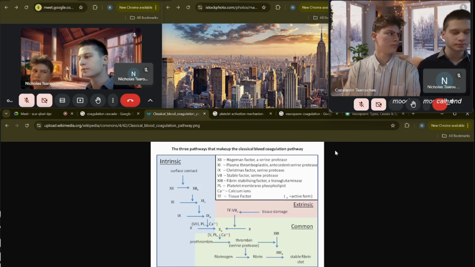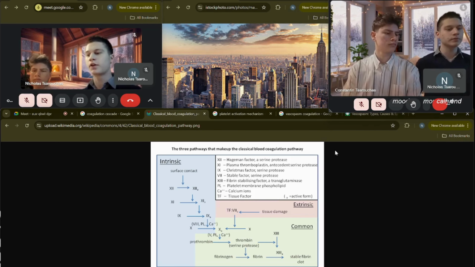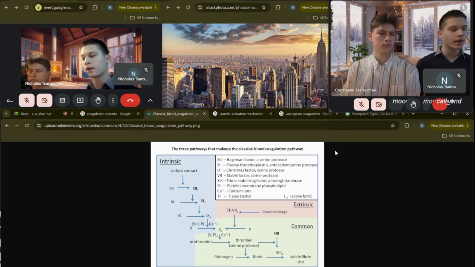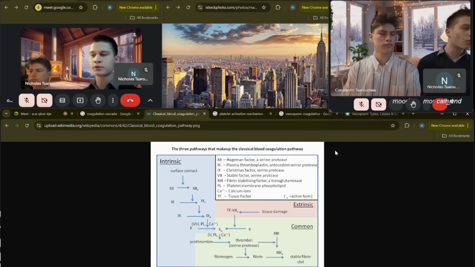Let's kickstart it with the primary anticoagulants, your DOACs, direct acting oral anticoagulants. These are orally taken, and they directly act on factor Xa or thrombin. So these are Xa or thrombin inhibitors.